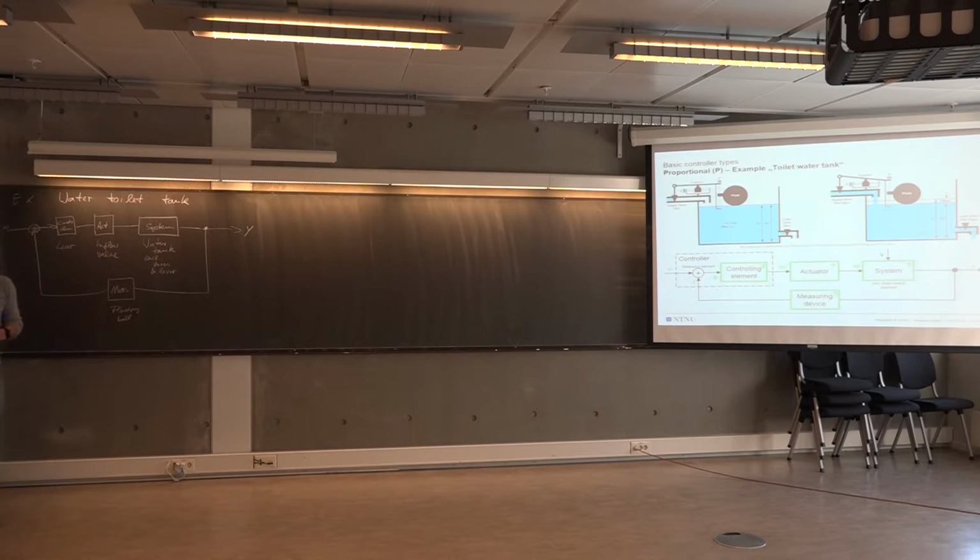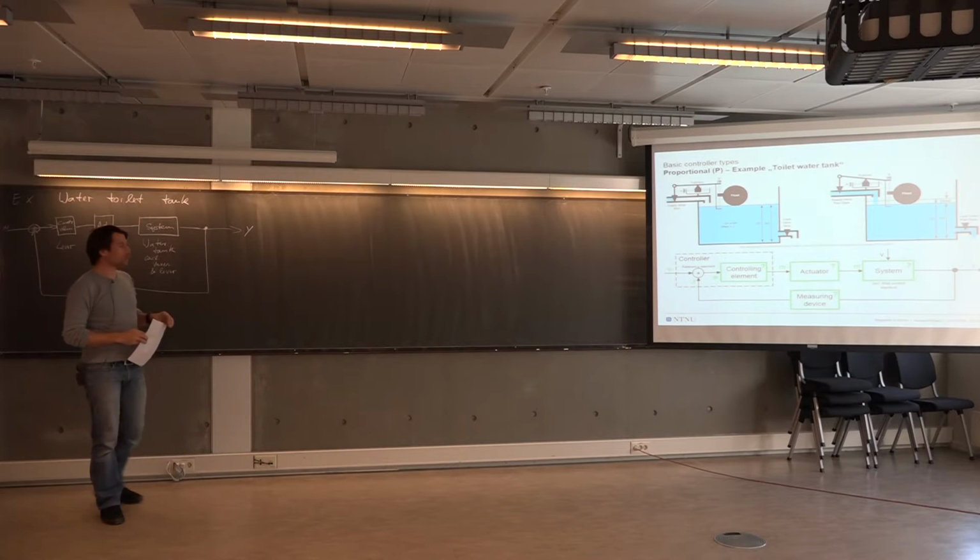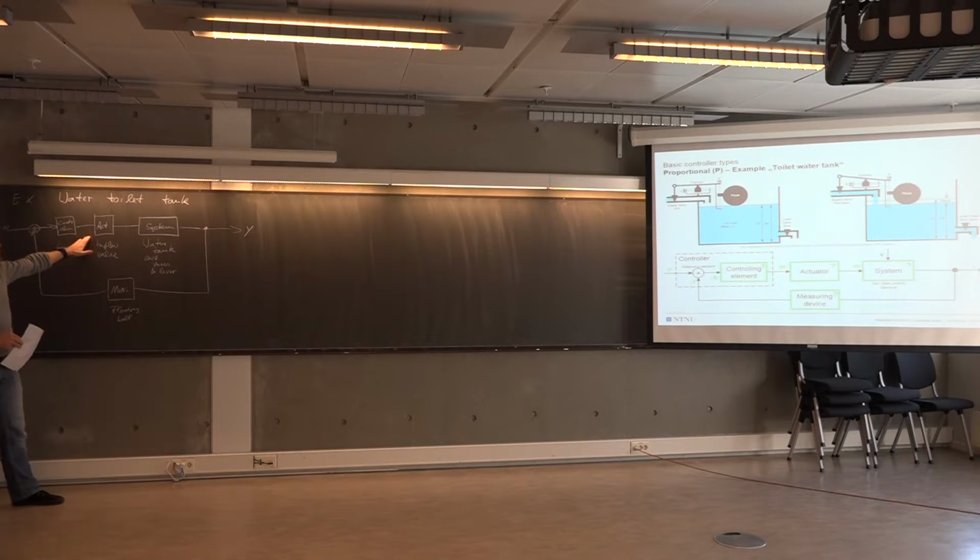So let's start to develop a simplified bond graph model for this system first, before we deal with the other elements, the actuator, the control element, and the measuring device.